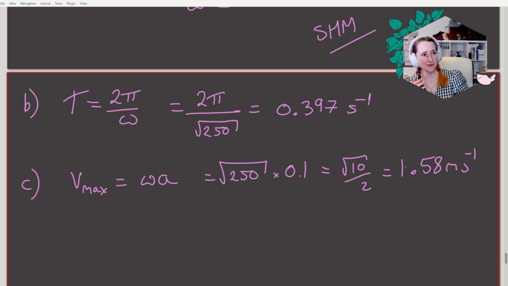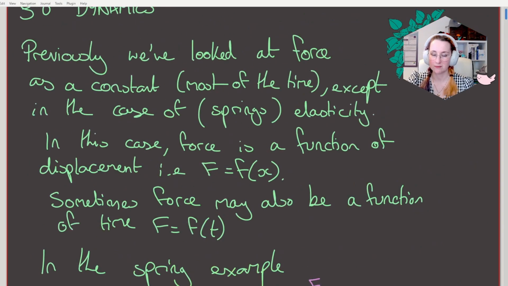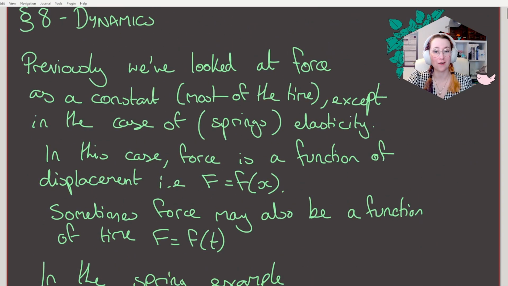So even though SHM conceptually is quite a cool concept, or it's quite convoluted potentially, a lot of the problems that you see are just applying a series of equations that we've learnt. So in summary, going over a very, very brief introduction to dynamics, we started looking at force as a function.